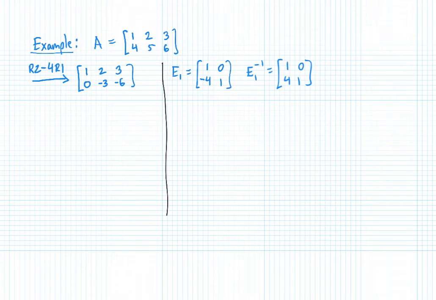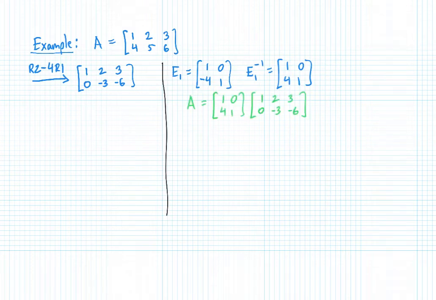So this is E1 inverse, and yeah, you probably should multiply E1 times E1 inverse and just check that you get the identity matrix. But the way that we get it is that we just think about how do you reverse this row operation? You reverse the operation of subtracting 4 times row 1 by adding 4 times row 1. And this is the elementary matrix that corresponds to that operation.